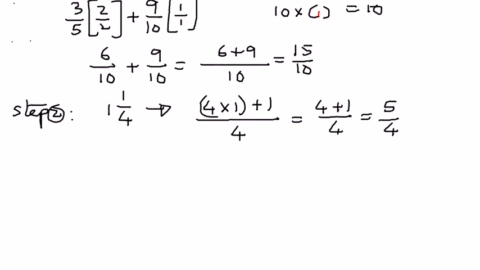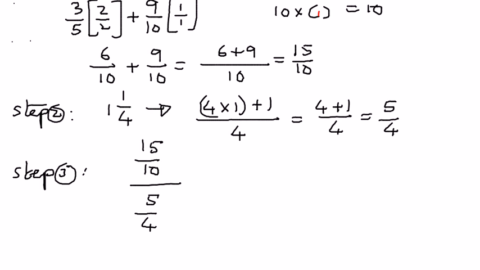Now, in step 3, we're going to put everything together. The numerator simplified to 15 over 10, and the denominator simplified to 5 over 4. We want to simplify this. The way to simplify complex fractions is, if we have a fraction in the numerator, which we have, 15 divided by 10, we write it as is.